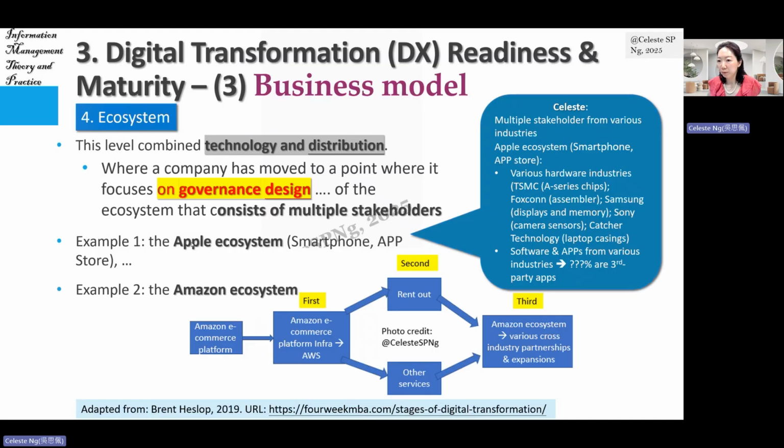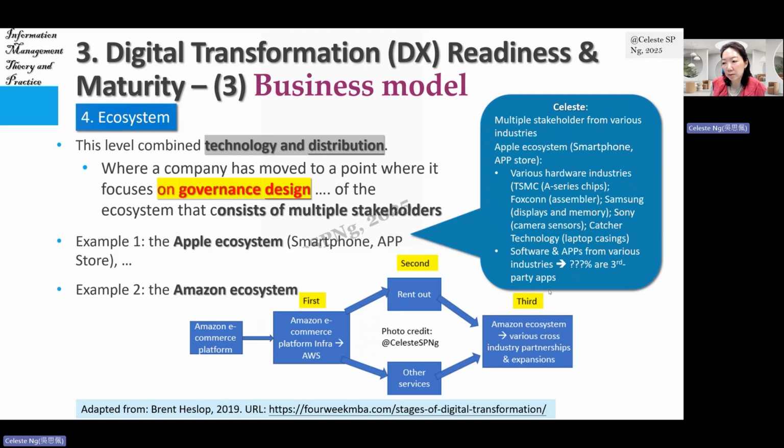So from the Apple ecosystem, we can see that what makes a digital platform become an ecosystem is how many sided that platform is. It should be more than a two-sided platform. Then it becomes an ecosystem whereby it will involve multiple players coming from different industries, and that's how we form the ecosystem.